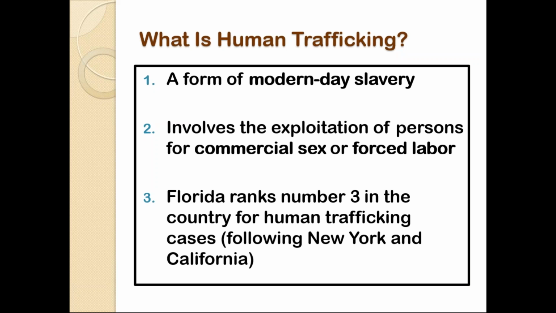Commercial sex involves foreign victims of human trafficking as well as U.S. citizens, not only adults, but also children. Forced labor, the same thing. A lot of people are brought to the United States with promises of a better life, many times under contracts, other times undocumented.